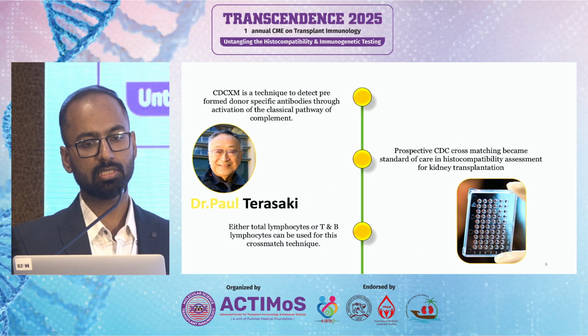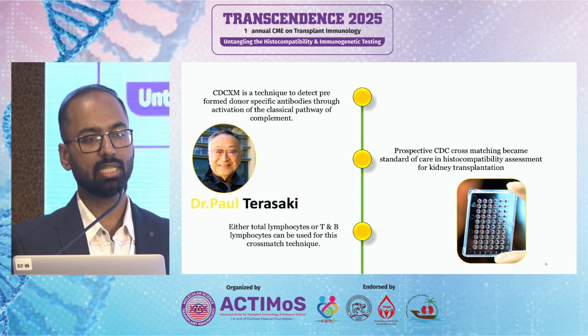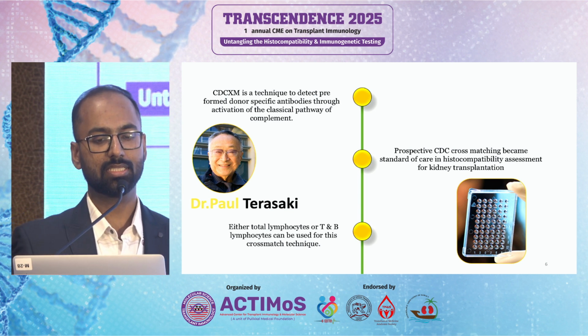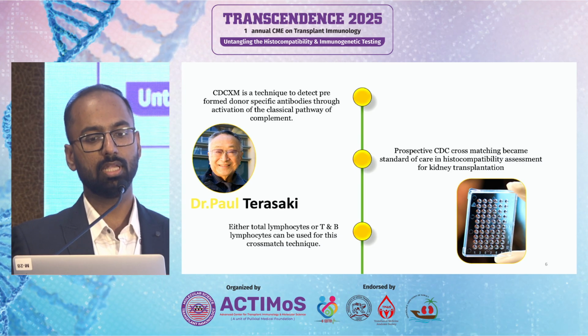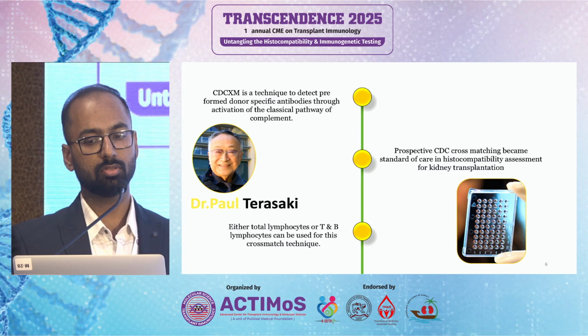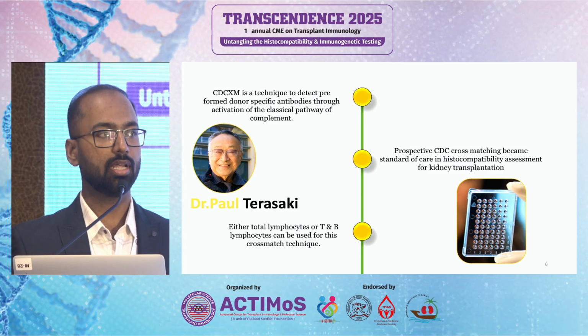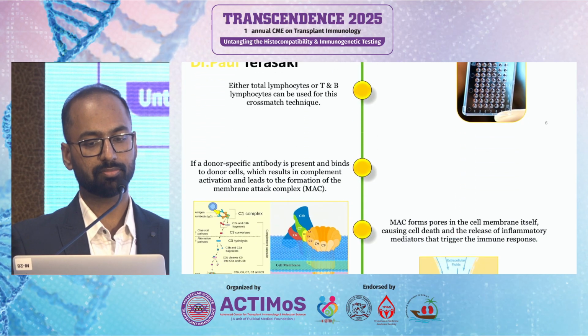CDC Crossmatch was first started by Dr. Paul Terasaki, primarily intended to detect preformed antibodies in the patient's serum, which will activate the complement pathway. We can use either total lymphocytes or separated T and B lymphocytes.